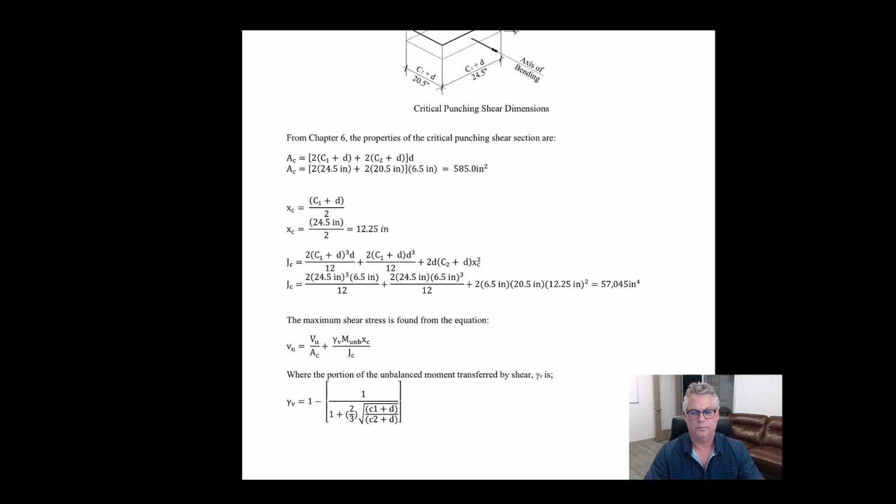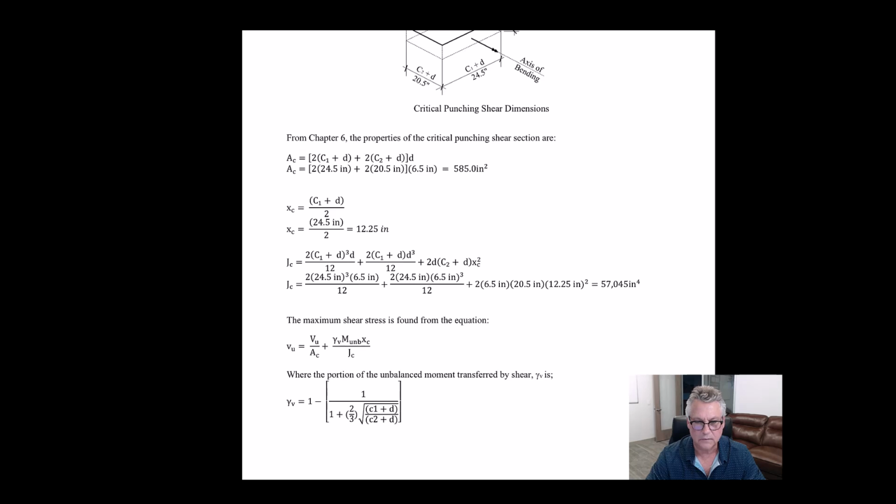Now, people came along and said, okay, we have this unbalanced moment in the slab, that's got to get transferred to the column, and we're going to use two different mechanisms to do it. We're going to use the shear stress in the slab, and we're going to use the flexural capacity of the slab. And between the two of those, it needs to get the total unbalanced moment into the column.